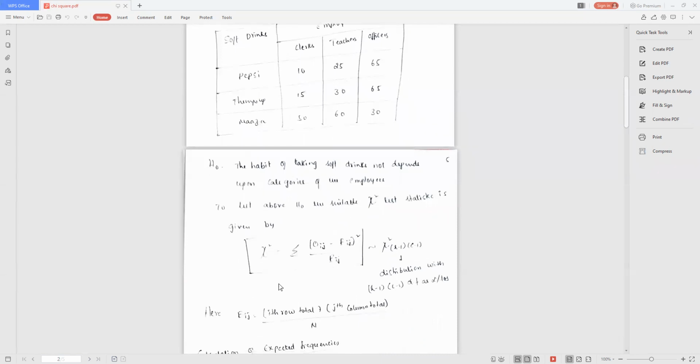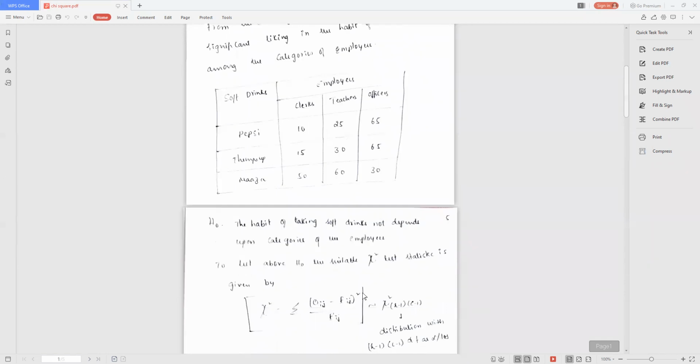To test the above hypothesis, the suitable test statistic is given by, okay, this is not x square, it is chi square. Chi square is equal to the summation of (Oij minus Eij) whole square divided by Eij, a chi-square distribution with (r minus 1) into (c minus 1) degrees of freedom at the given percentage level.